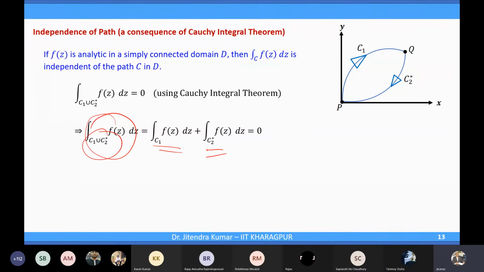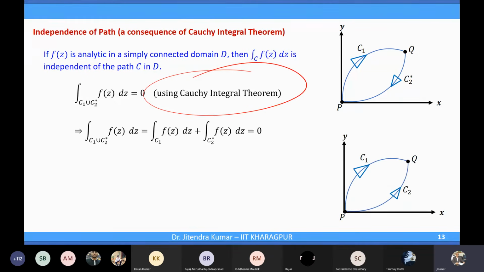Then this one we can break into C1 and C2 star, that is the property of the integral. This integral plus this integral is equal to 0, again the same result, the Cauchy integral theorem. Now I change the direction of C2 star, so that my C1 is going from P to Q and my C2 is also going from P to Q, two different curves C1 and C2.